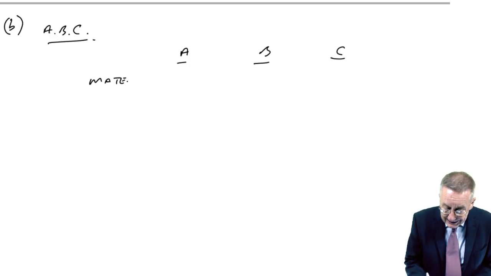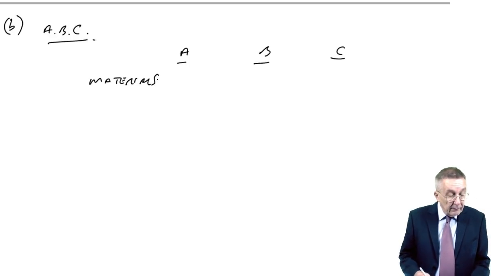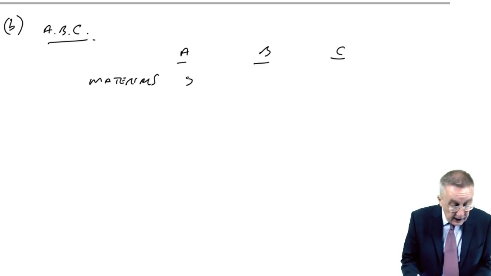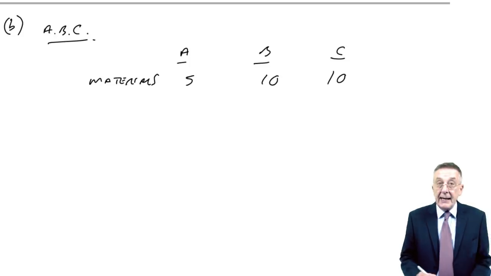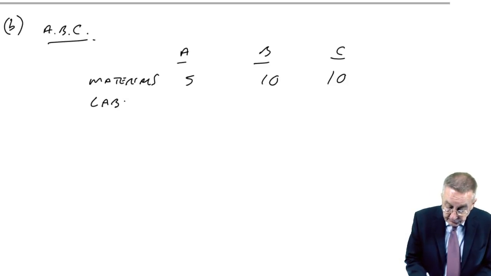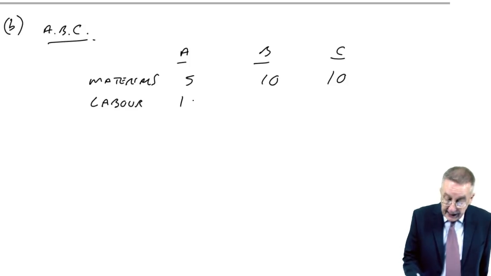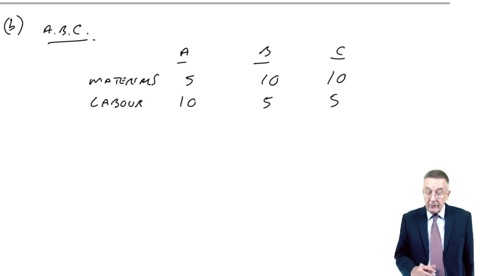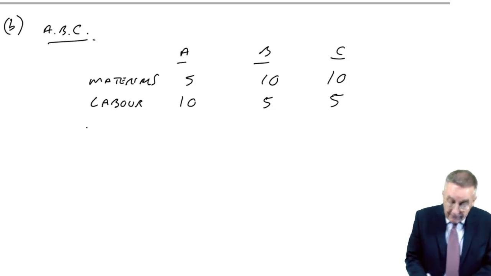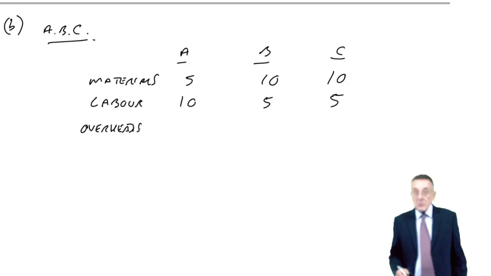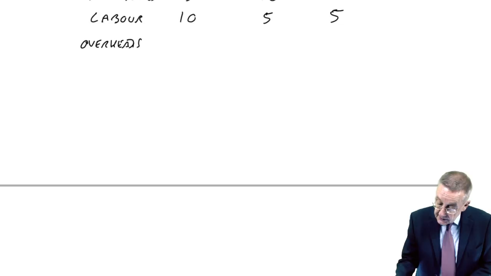We've got materials: $5 for A, $10 for each of B and C. We've got labour: 2 hours for A at $5 is 10, and 1 hour each for B and C. So far exactly as before, but it's the overheads we're going to deal with differently. Now here we certainly need workings, so let me leave space.